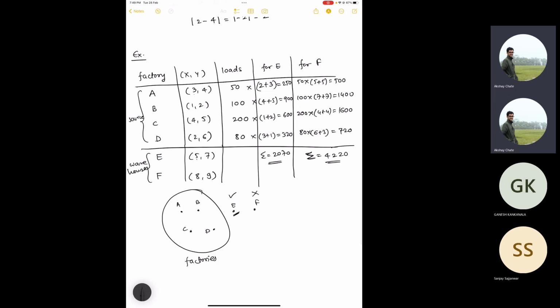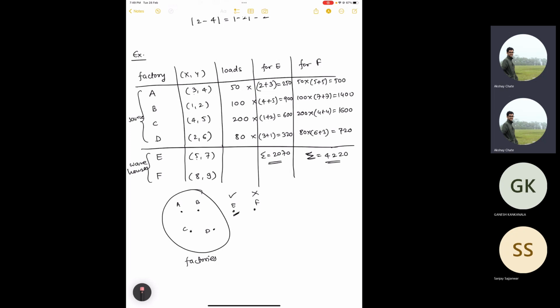Here, by doing this summation in the brackets, 2 plus 3, 4 plus 5, etc., you are just calculating distance. But in this ABCD factory, your factory C is the largest because it has 200 units capacity, right? Let me give you a hypothetical.